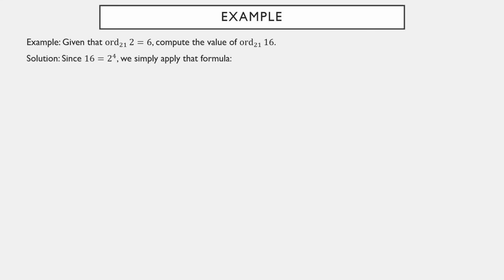Let's see an example of how this is useful. Given that the order mod 21 of 2 is 6, what's the order mod 21 of 16? 16 is 2 to the fourth, so we can simply apply that formula. The order mod 21 of 2 to the fourth can be computed as the order mod 21 of 2 divided by the GCD of that order and the exponent 4.